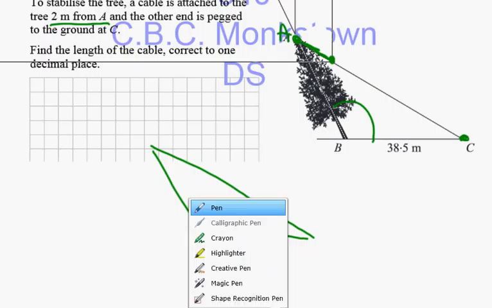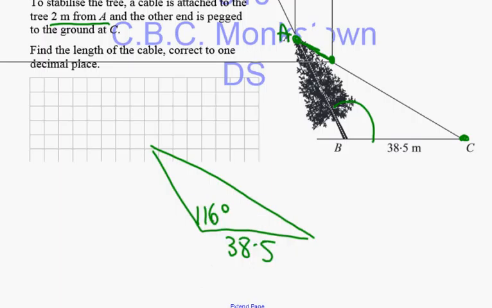Technically speaking, it wants me to find the length of the blue part, doesn't it? Does everybody agree with that? So if I find out the length of this here, and also I take 2 away from that answer, I find the length of the cable, right? Because it's pegged 2 meters away from A. So the cable is the blue part downwards.